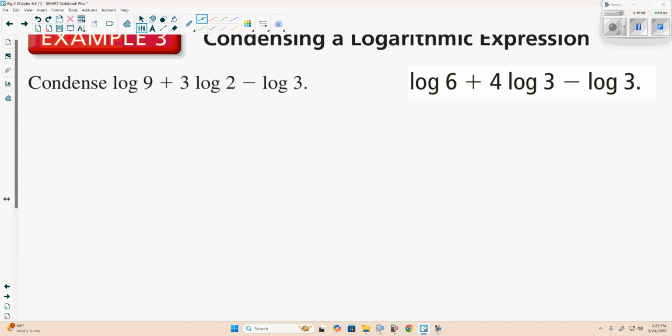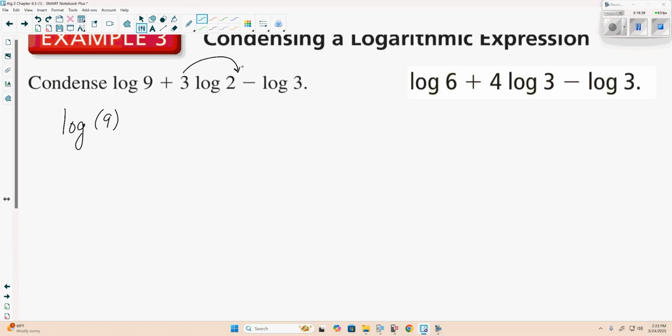So when we condense, we're bringing it back together. We'll have a single log. So for the first one, we have log of 9 plus 3 log of 2 minus log of 3. Now log of 9 doesn't have a number in front of the log, so there is no power property to use.